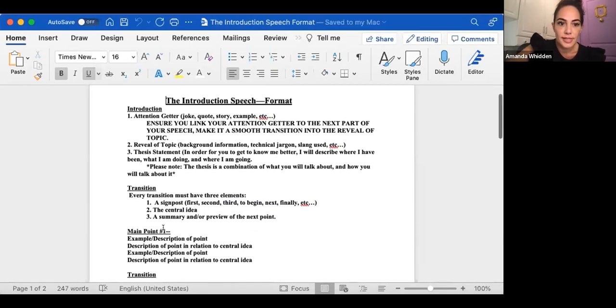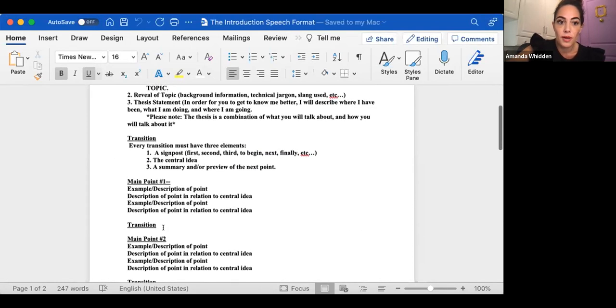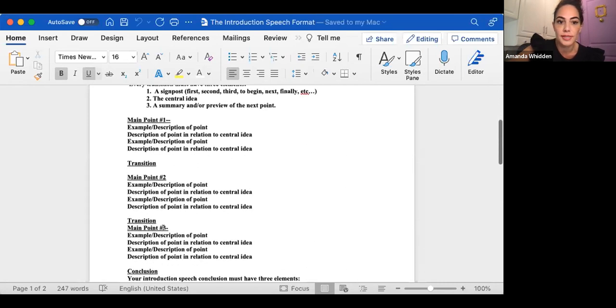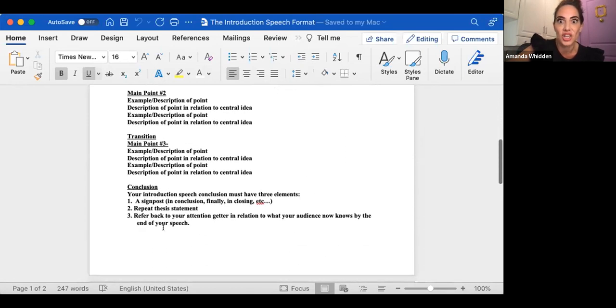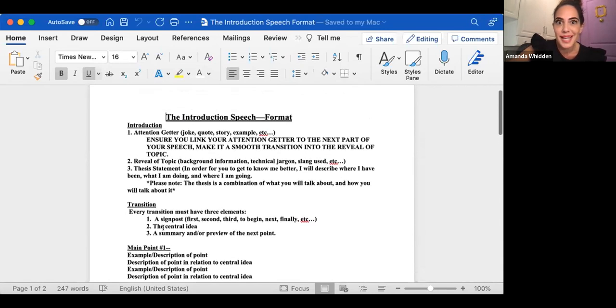You will then go into a transition. You'll go into main point number 1, transition, main point number 2, transition, main point number 3, and conclude. And so like I was saying, if you have one piece of paper up front and back with you, you can very much simply write these things in together if that's what you would like to do. But know that this format is the one that we will be following.